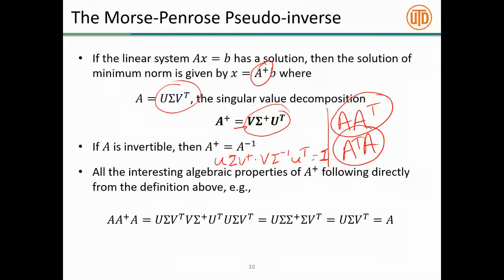Okay, so there are lots of interesting properties of the pseudo inverse, but they basically all follow from simple algebraic manipulations of the definition.